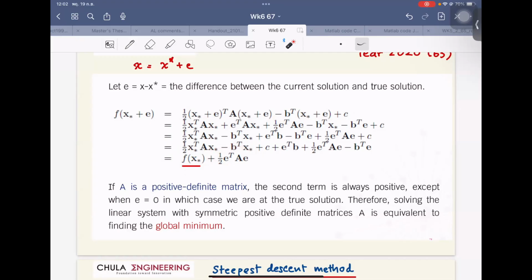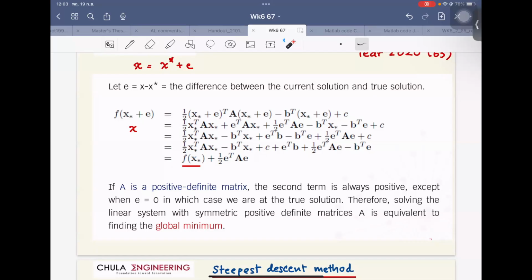So what does this proof tell you? It tells you that the function at any point will be larger than the function at the true solution. It will be equal to the function at the true solution when the error is 0, and that is the minimum point. When the error gets down to 0, you get to the minimum point.